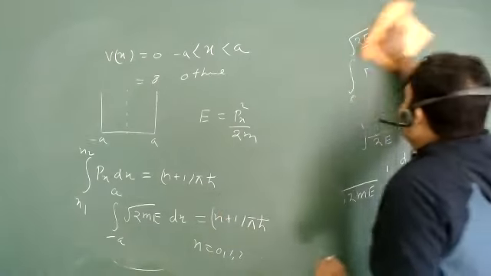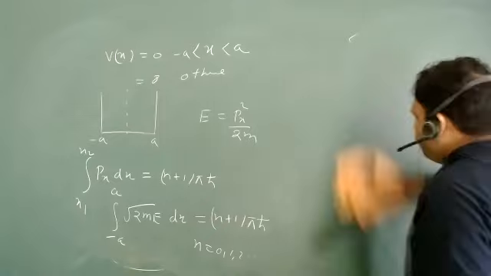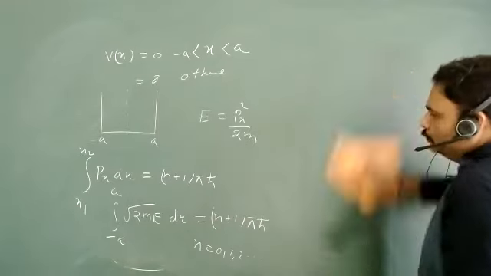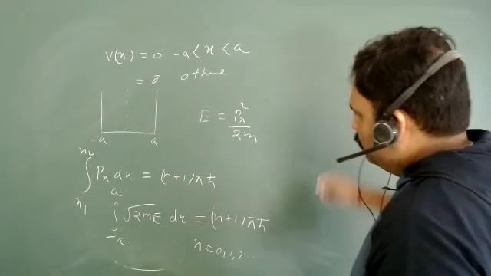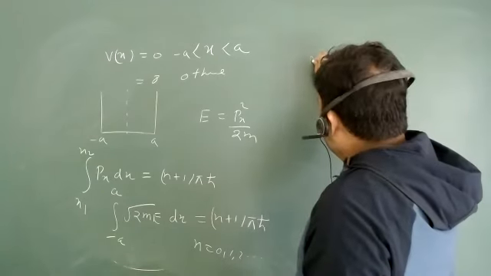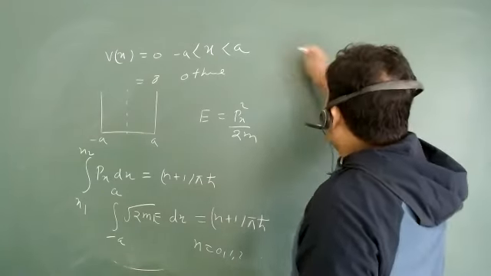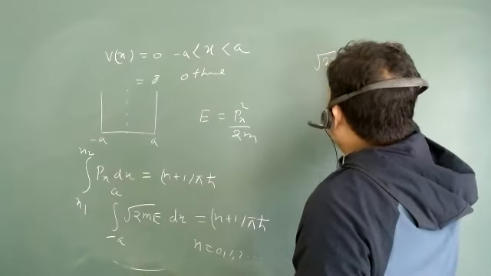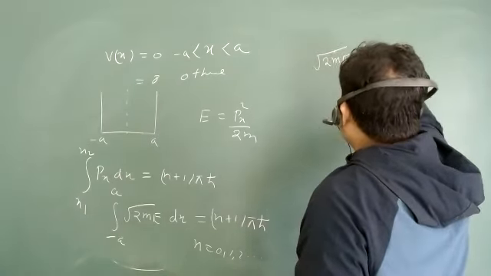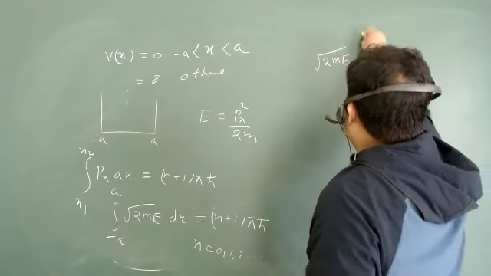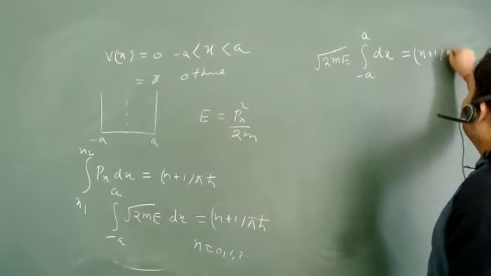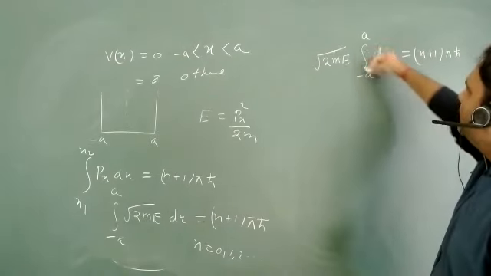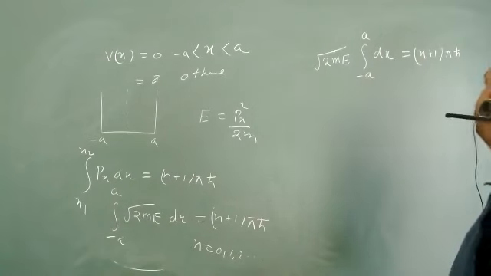Now let's try to go for it. So this value is root under 2mE and the integration of dx from minus a to plus a is equal to (n plus 1) pi h cut. And what is this value? 2a, isn't it? Yes.